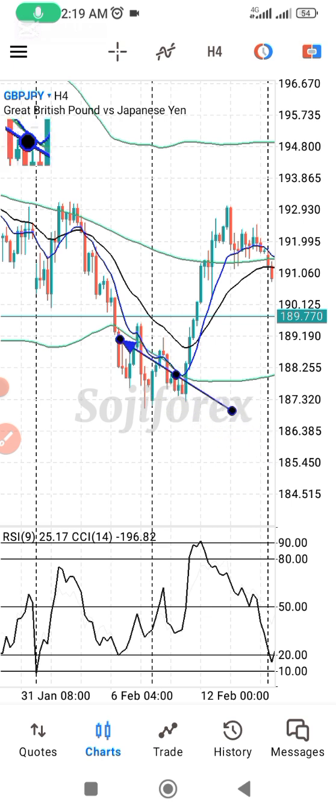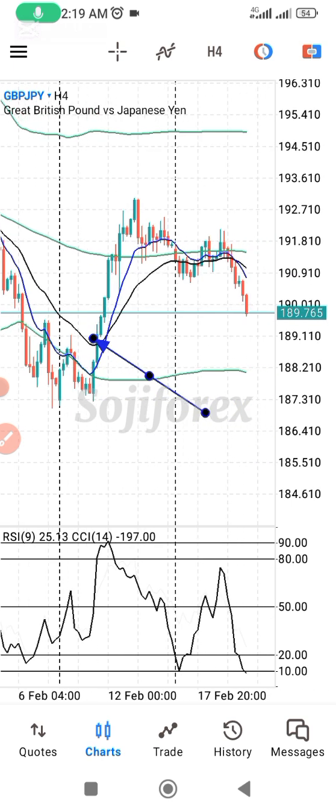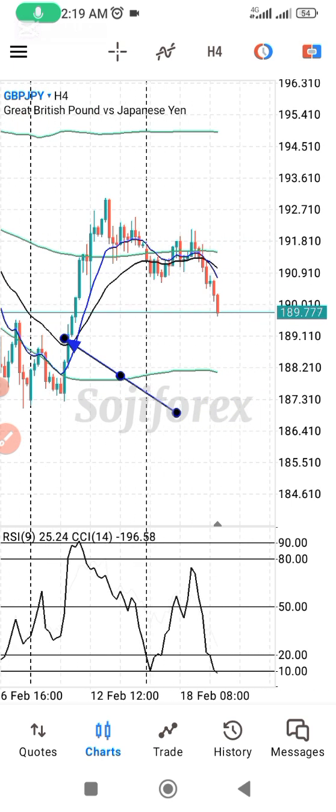We are looking at how we can find our entry using the lower Bollinger Band and the upper Bollinger Band as our entry confirmation. Remember, we have always talked about the middle Bollinger Band. This middle Bollinger Band helps us to determine the trend of the market.